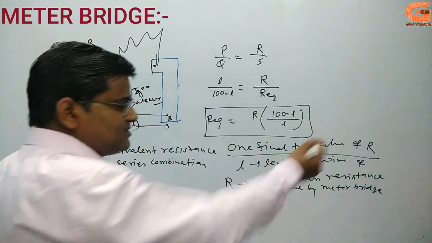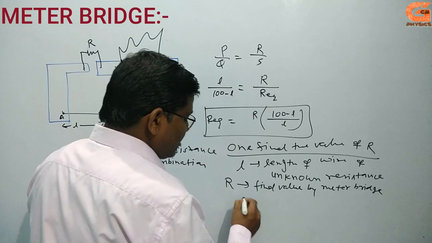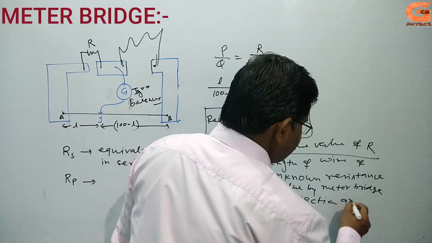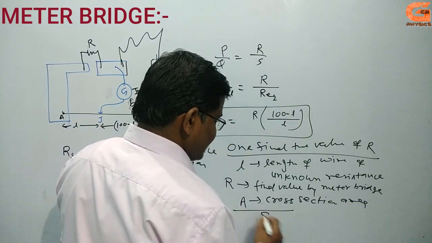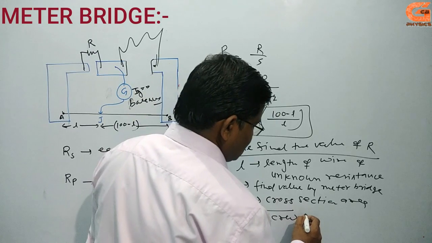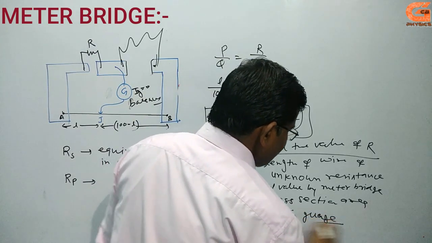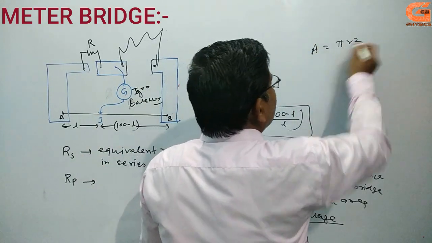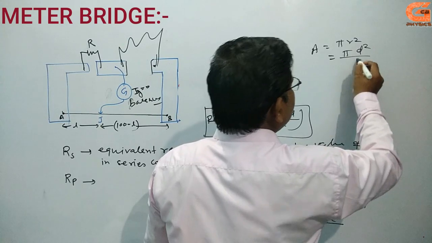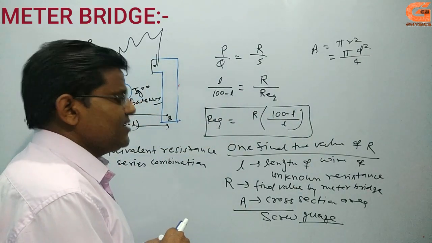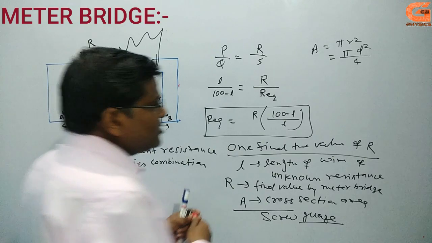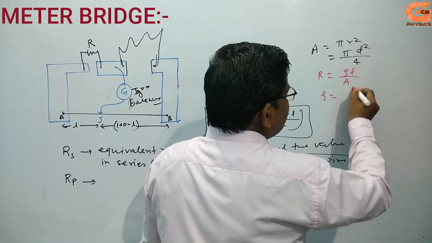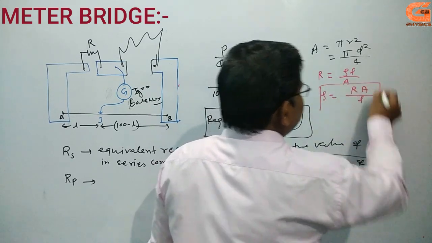The length is measured by the scale, and you find the cross-section area with the help of a screw gauge. Diameter is measured, then area is pi r square, or equal to pi D square by 4. Once you find the value of pi D square, as you know the formula of resistance is equal to rho L by A, then rho equal to RA by L. This is the main point.